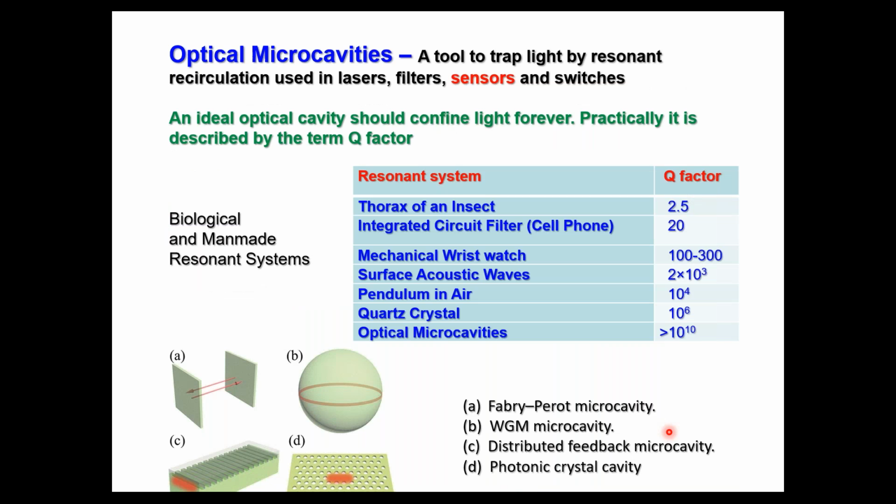And coming to the topic today, I will be talking about the optical microcavities. So it will be interesting, as you know, to store light energy for a later use.